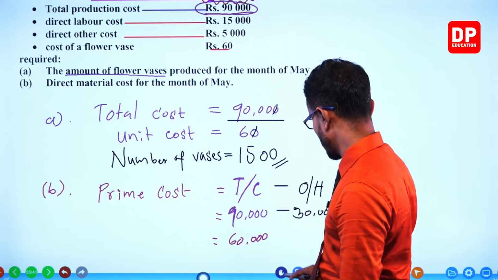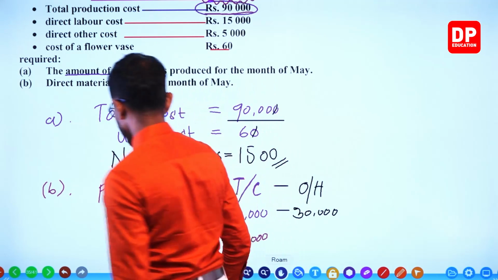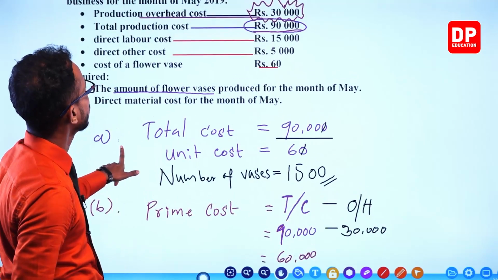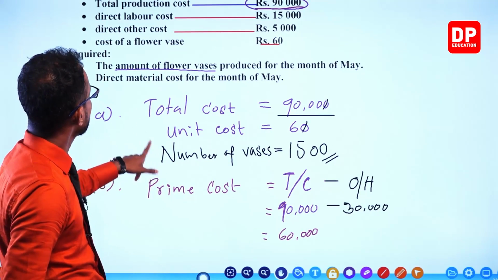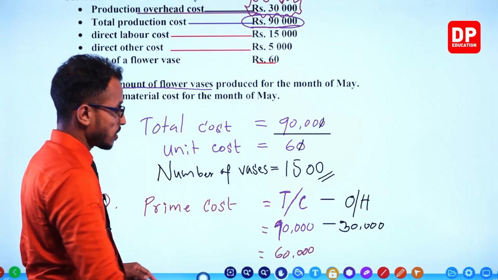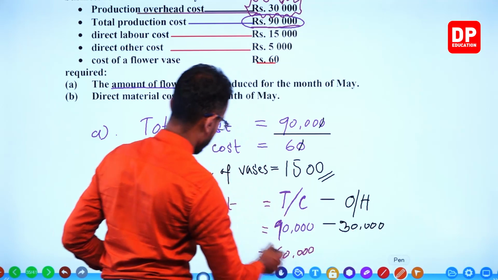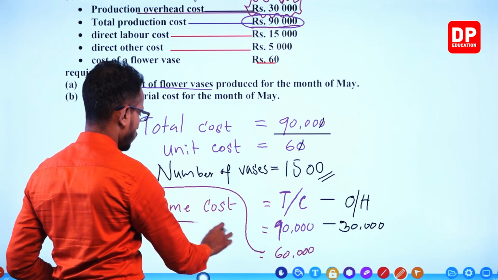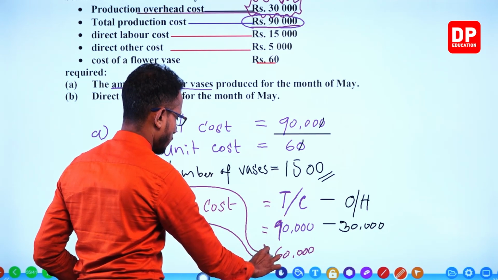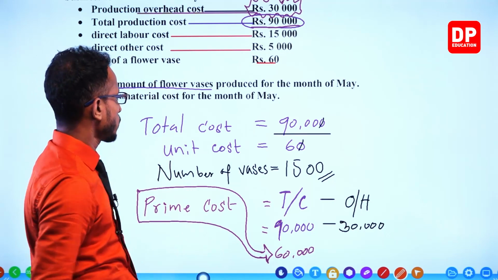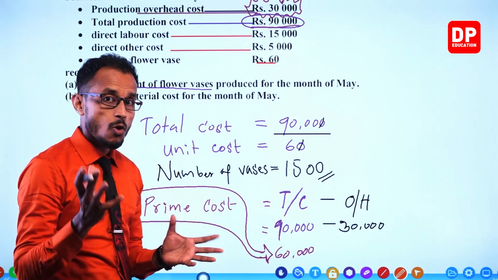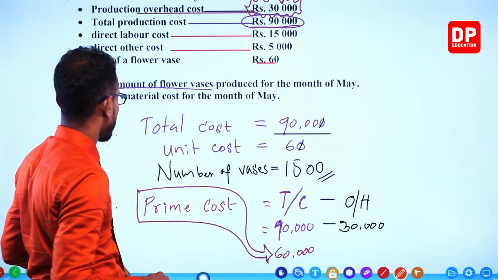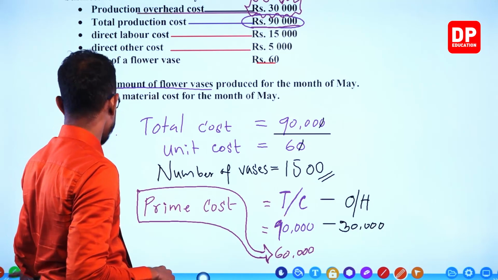Got it? Then, my dear children, if the prime cost is found, that is this. Prime cost is formed with all the direct costs, just like I did right here.